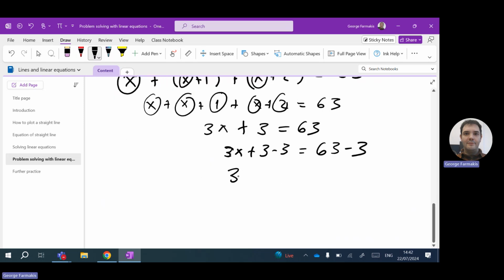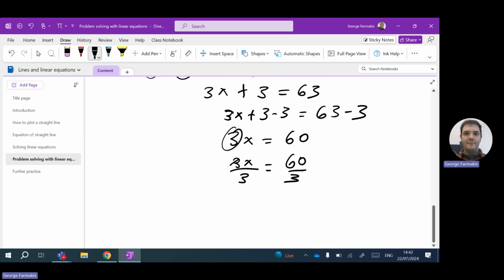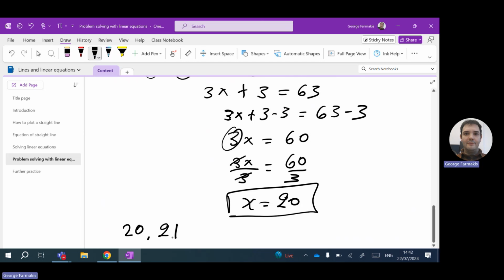So I have 3x equals 60. 3 multiplies the unknown, so I divide by 3 both sides. Here we can simplify 3, so x equals 60 over 3, which is 20. So 3 consecutive numbers that add up to 63 would be 20, 21, 22.